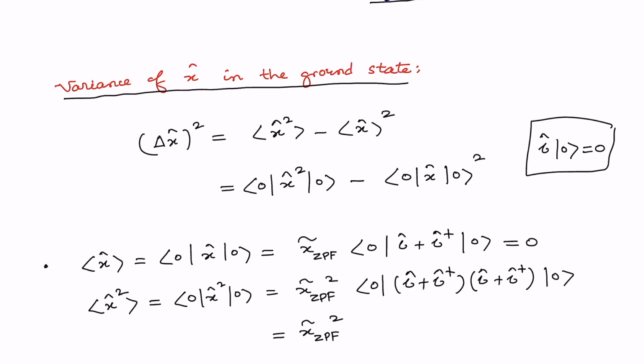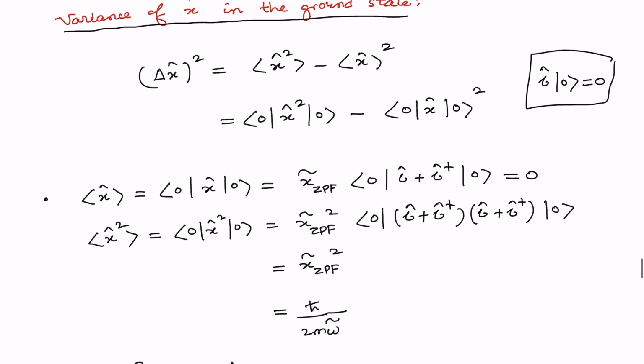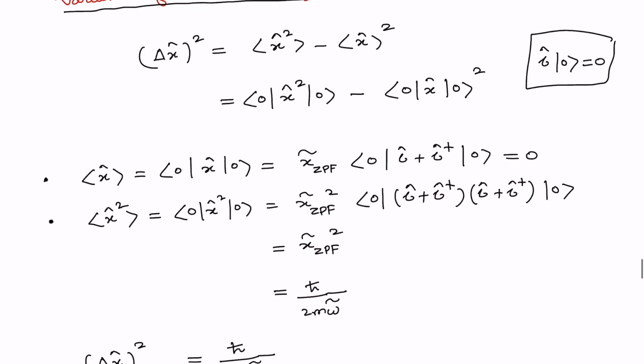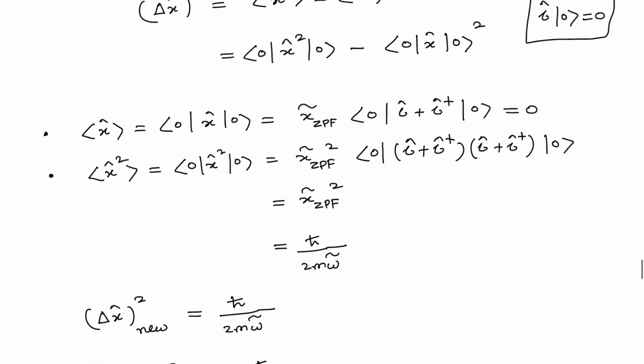Using all these things, you can find out that the expectation value of the position operator for the new harmonic oscillator in the ground state is 0, and similarly you can find out the expectation value of x square for this new harmonic oscillator in the ground state. That is going to be simply h cross divided by twice m omega tilde.